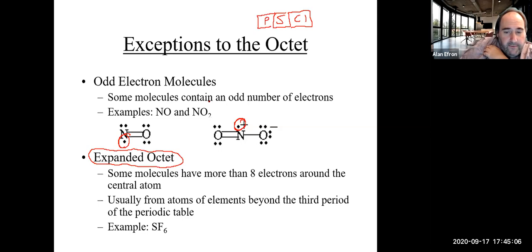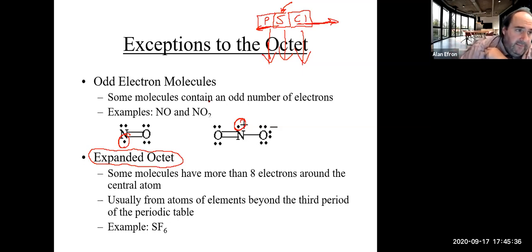So right here where sulfur is, and if you go to the right of sulfur, to the left of sulfur, and down on the periodic table, those are the guys that have the ability to go over 8 electrons. So those guys right around sulfur in our non-metal region on the periodic table, sulfur, phosphorus, chlorine, and kind of down in our non-metal region, those guys have the ability to do the expanded octet.